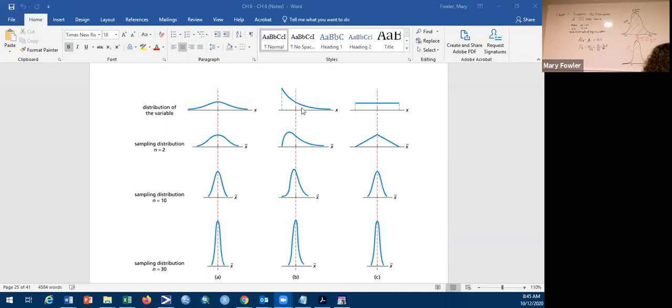But in the situation where the parent is not normally distributed, as the sample size increases, we move more towards normal. And when the sample size is 30 or greater, the distribution of X bar is said to be approximately normal, even if the parent is not.